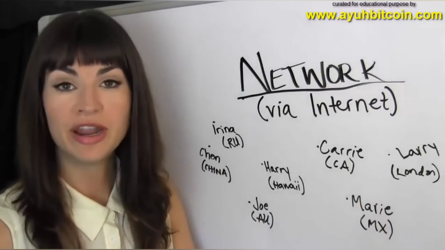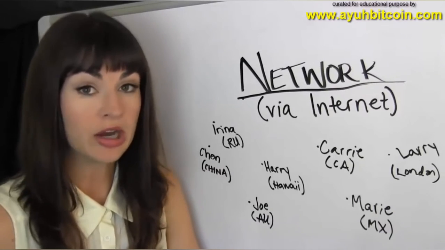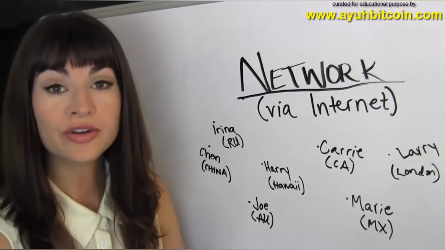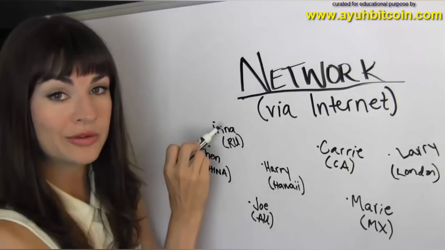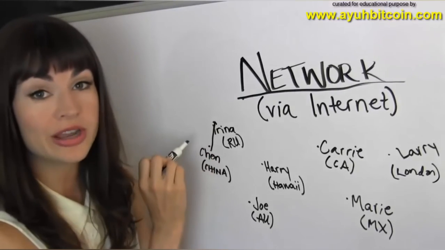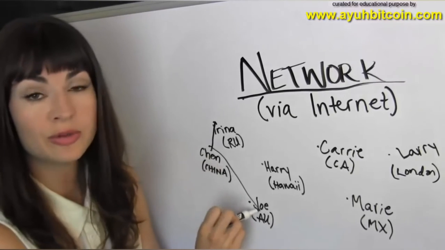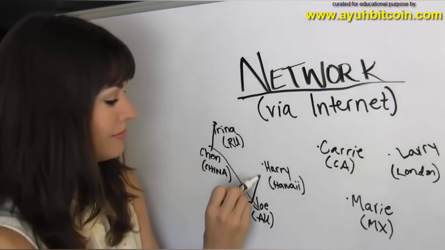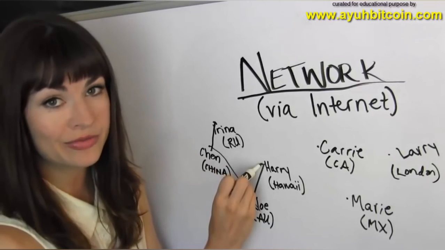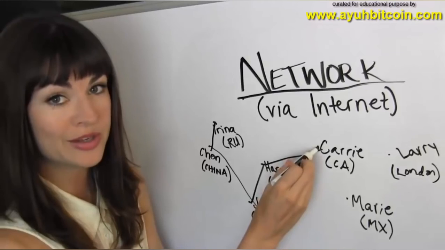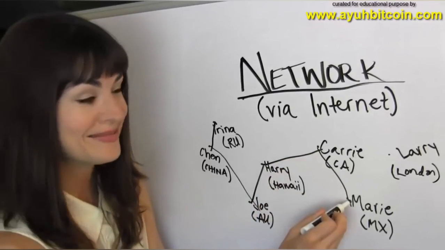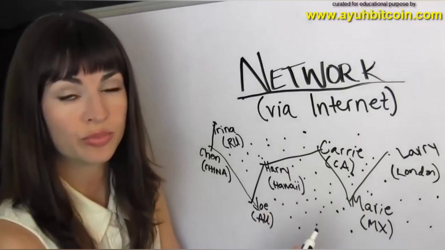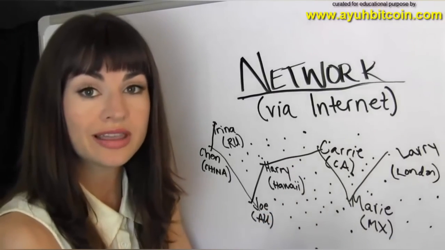The basis of the network is people keeping copies of the blockchain on their computers, and they are connected to one another via the internet. Irina in Russia communicates to Chen in China, communicates to Joe in Australia, communicates to Harry in Hawaii, communicates to Carrie in California, Marie in Mexico, Larry in London, and hundreds or thousands more people across the world, looking something like this.